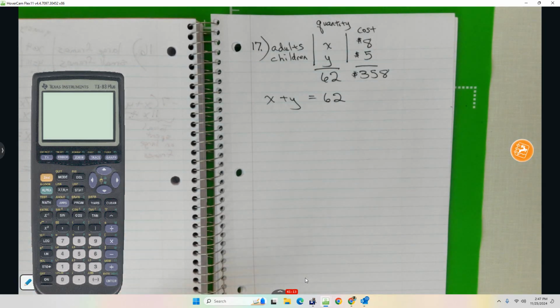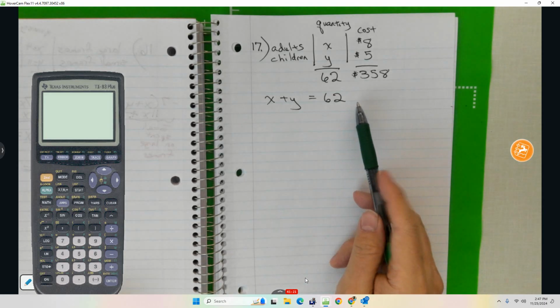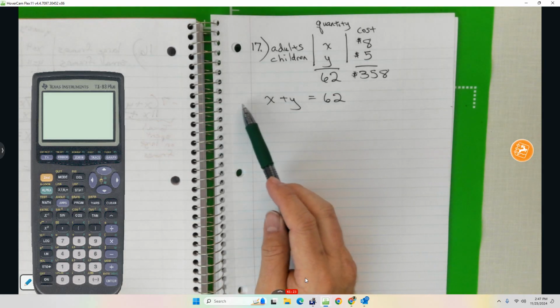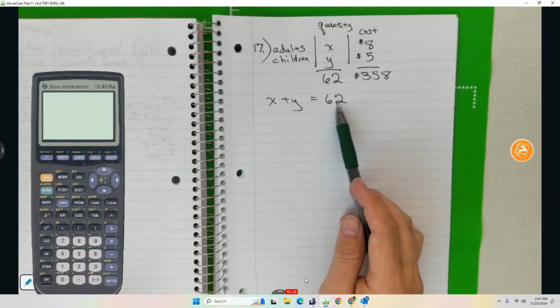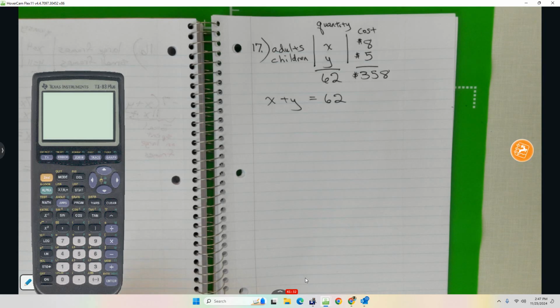What about the second equation? When I say unique equations, once you get one, you can't just multiply through by 2 and get 2x plus 2y equals 124. You can't do that. It has to be a unique equation, a different equation.